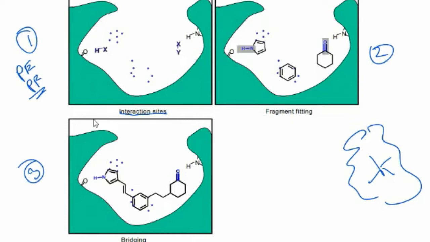At the top left, you can see some regions with dotted points, which is one way of representation. Another representation is like this: XY, XH. Another representation has some amino acid functional groups labeled here. This is how the interaction sites are mapped. These dotted points indicate some aromatic or hydrophobic feature.